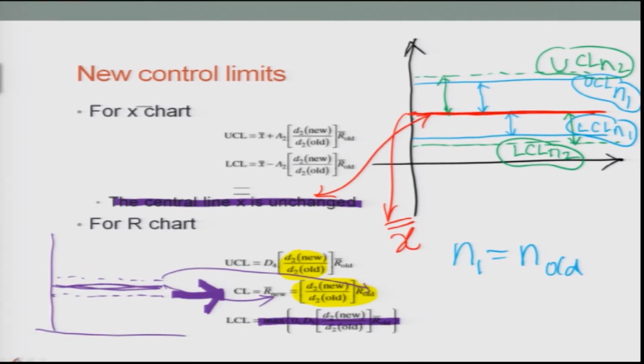I will use brown, not dark brown, not red. So this would go to the upper control limit, and the lower control limit I am again drawing with the same color. The lower control limit cannot be below 0. So this is the 0 line. It cannot be negative. That is why it is the maximum of 0 and whatever value you have.